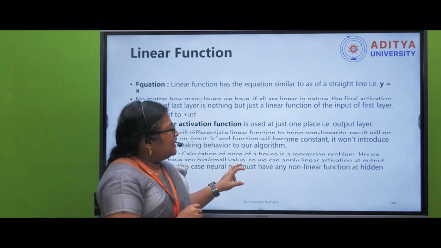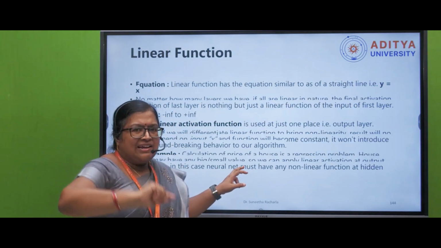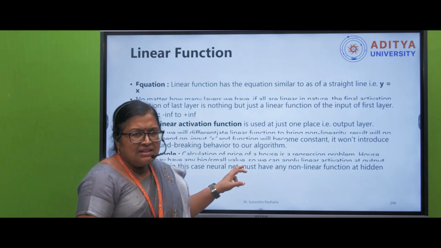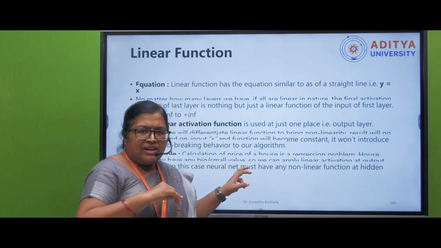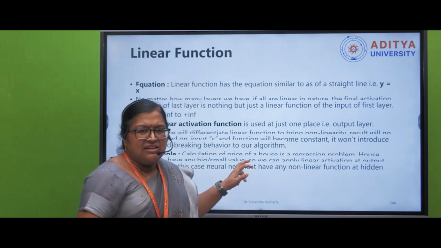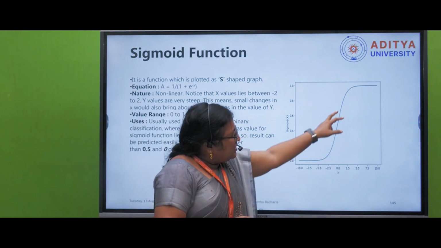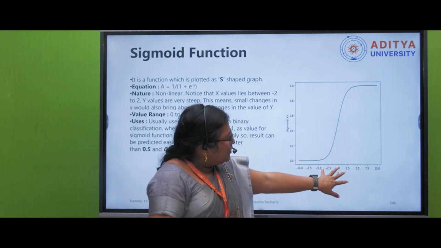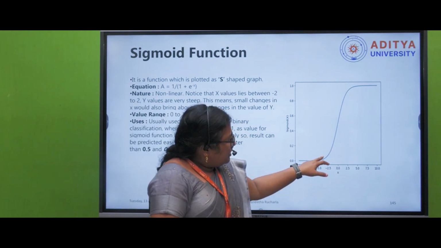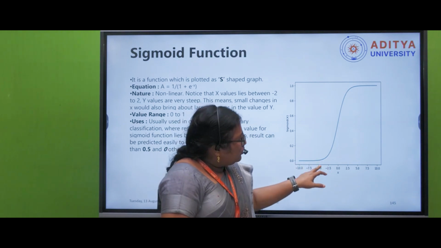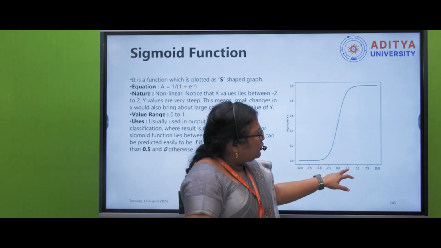If you see the linear function, it is just a straight line: if x increases, y increases, or sometimes y decreases. But in the sigmoid function, if you observe the curve, the x value is between about minus 2.5 to 2.5.